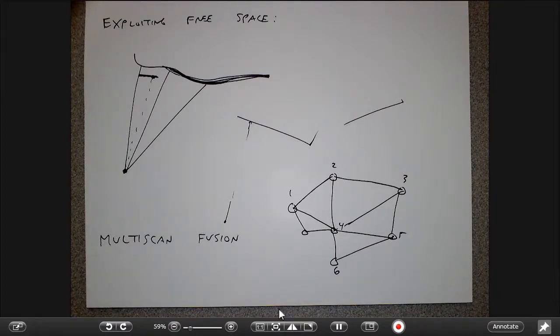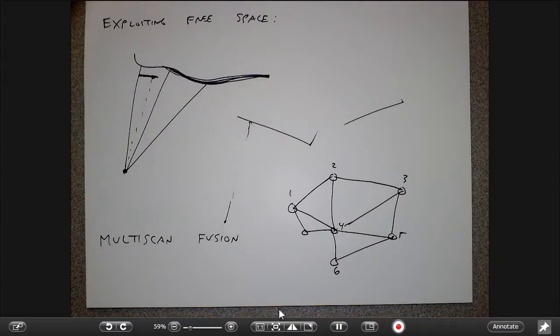The LiDAR scan points that you get are really different looking than the multi-view stereo 3D points you might estimate. The LiDAR scan points are very regular, right? And the multi-view points are kind of arbitrary, because like we talked about last time, this patch-based multi-view stereo is just generating a bunch of random patches in the world. So comparing the two can be a little bit tricky. So it can work, but it's harder.